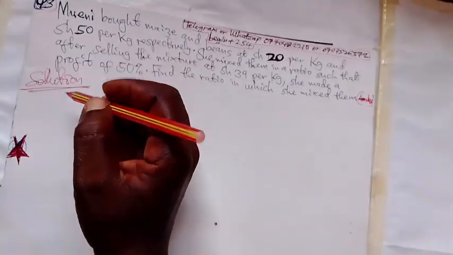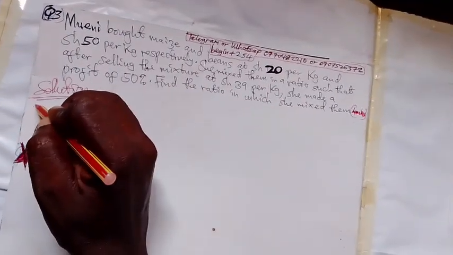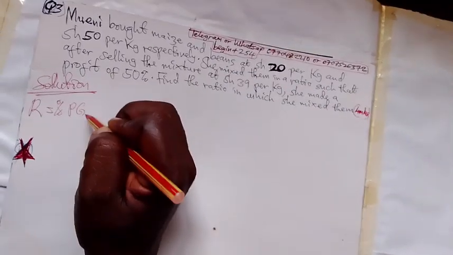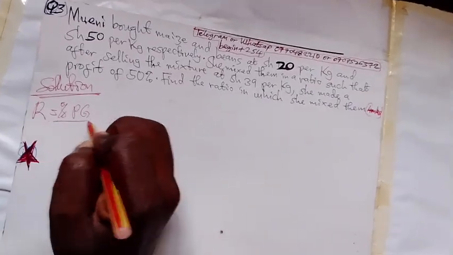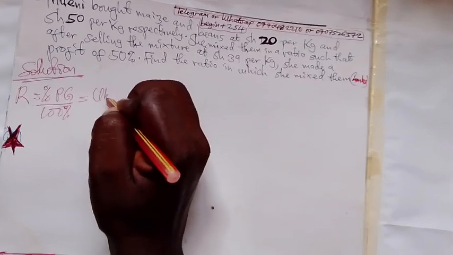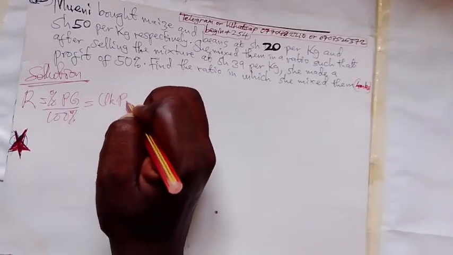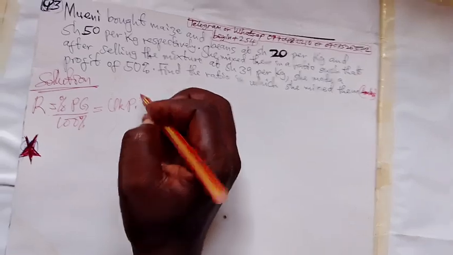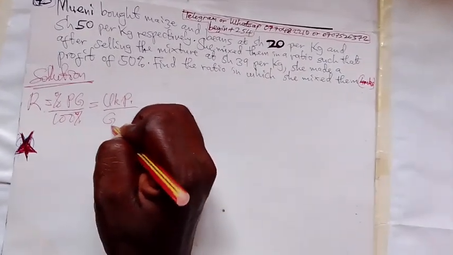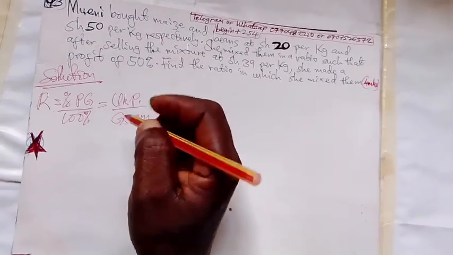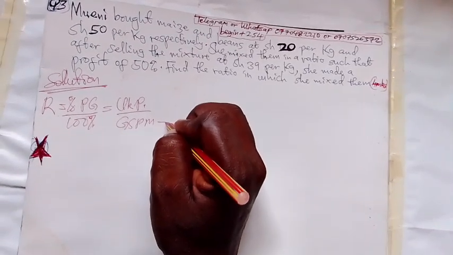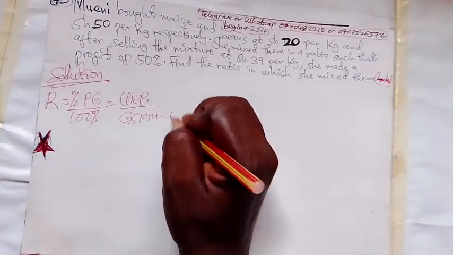Therefore, step 1, we say ratio is equivalent to percentage profit given over 100% is equal to unknown profit in shillings all over given selling price of the mixture minus the unknown profit in shillings.